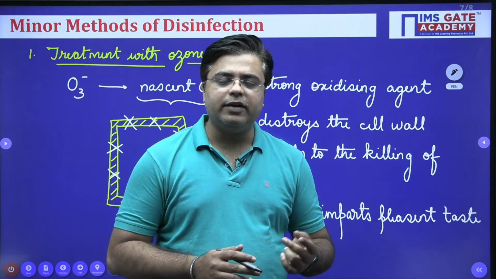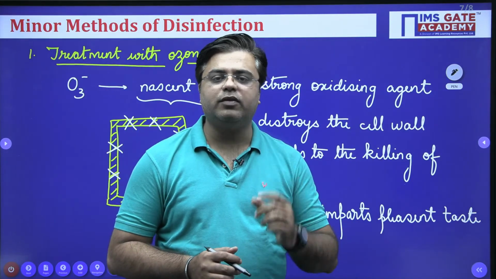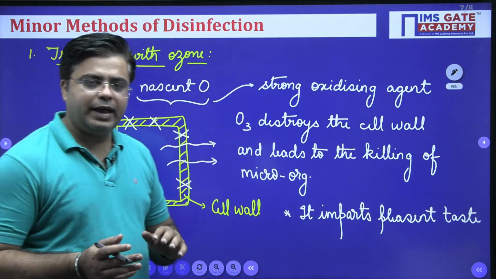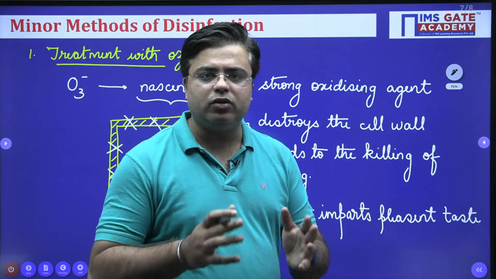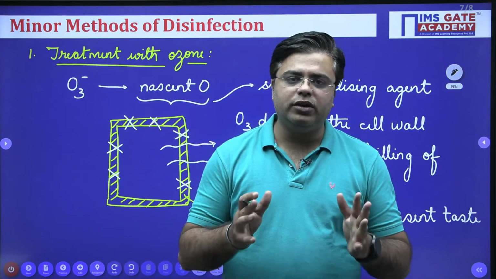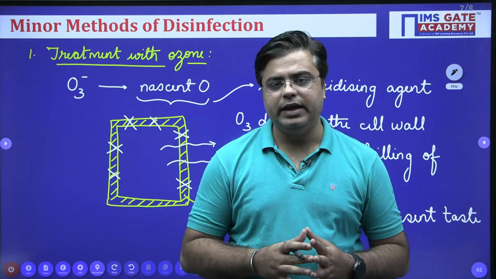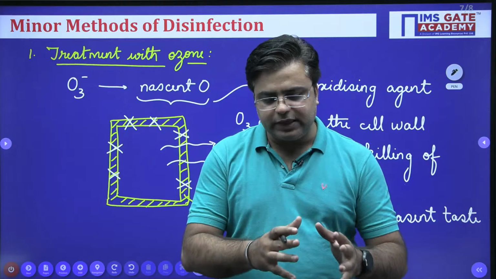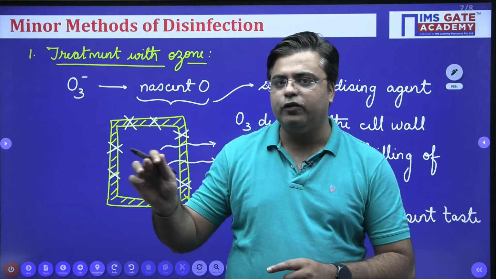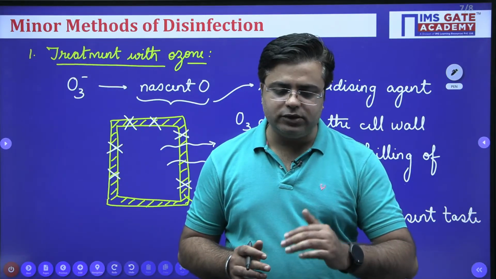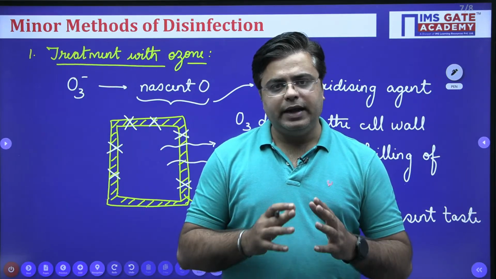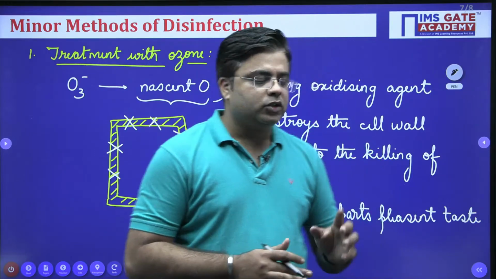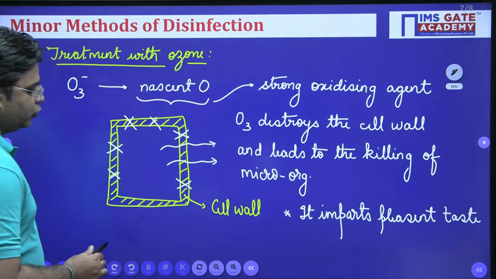The second reason why we do not prefer treatment of community water with ozone is that it is highly reactive. As soon as you add ozone, within no time it will carry out the oxidation and get exhausted, right? So ozone can treat the water right now, but the same ozone cannot take care of future recontamination, because as you add this ozone, the entire ozone will react and get exhausted from the water.